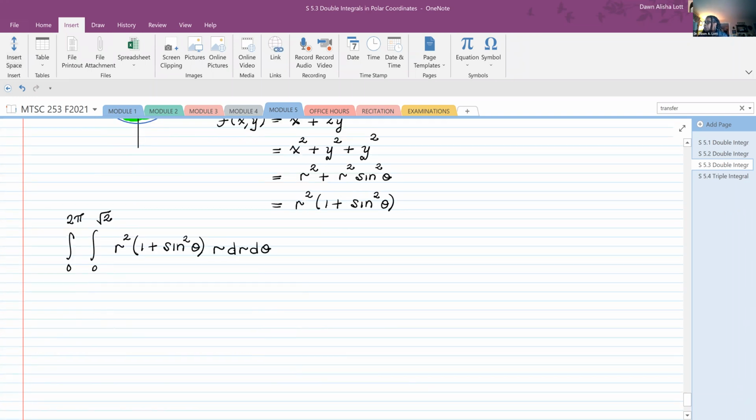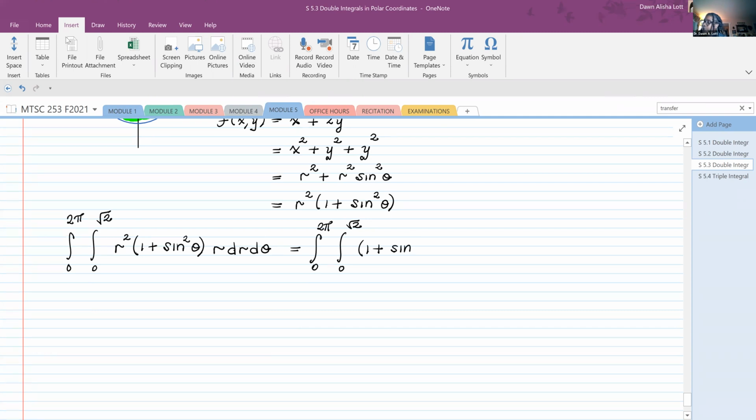So I'm integrating from 0 to 2 pi, the integral from 0 to the square root of 2, and this is r cubed times 1 plus the sine squared of theta.